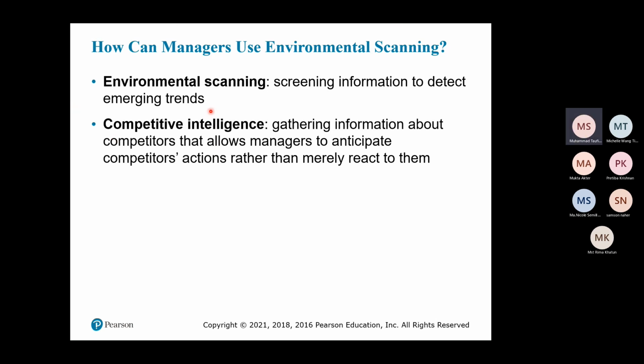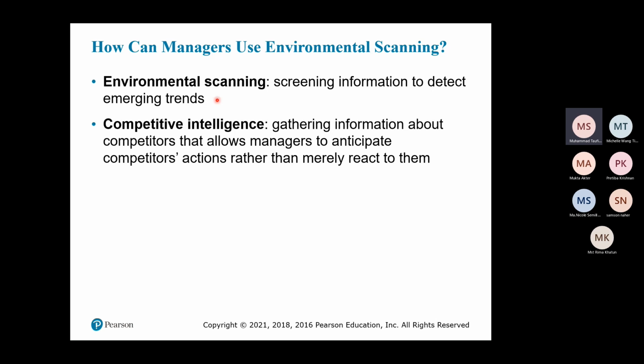So what is environmental scanning? Environmental scanning is screening information to detect emerging trends. We can use environmental scanning to see what the future trend of your environment is. Even though your environment is always changing, there are some trends.